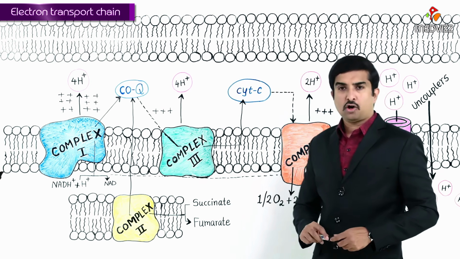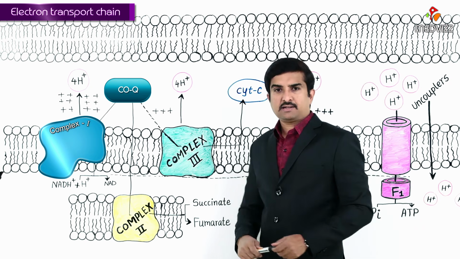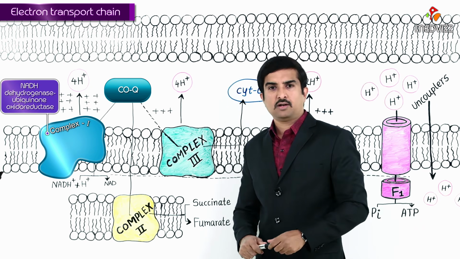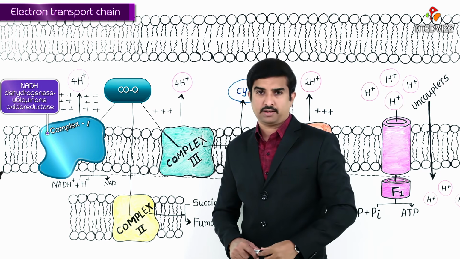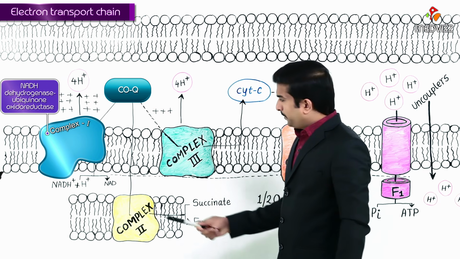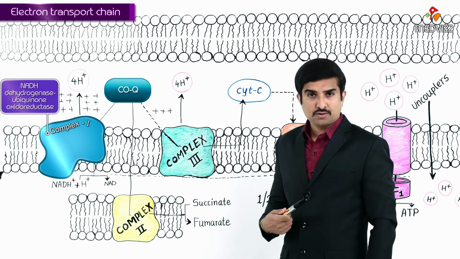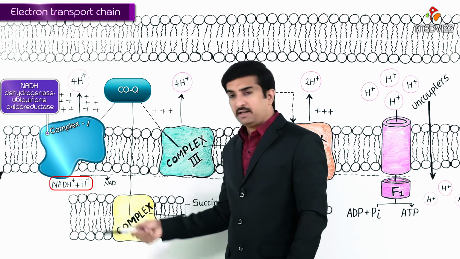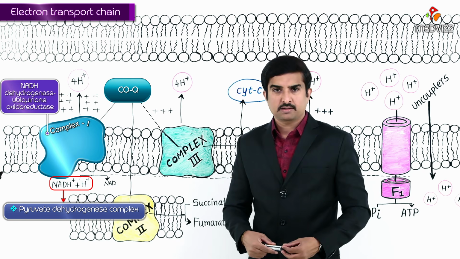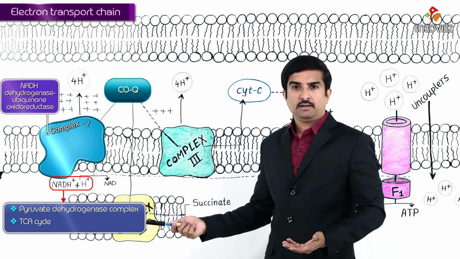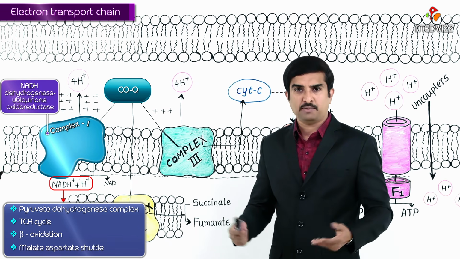Let us talk about complexes in detail. The first one is called complex 1. Complex 1 is called NADH dehydrogenase oxidoreductase, or we can also call it NADH dehydrogenase ubiquinone oxidoreductase. So complex 1 is accepting its electrons from NADH, and this NADH which is present in the mitochondrial matrix may be produced from pyruvate dehydrogenase complex, may be a product of TCA cycle or beta oxidation, or maybe a product of shuttle mechanisms like the malate-aspartate shuttle.